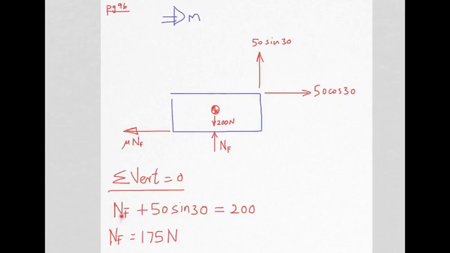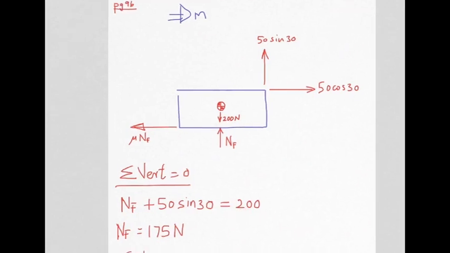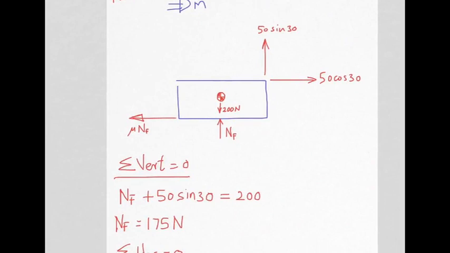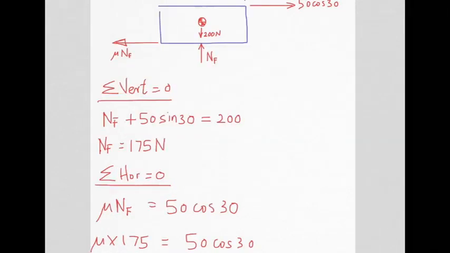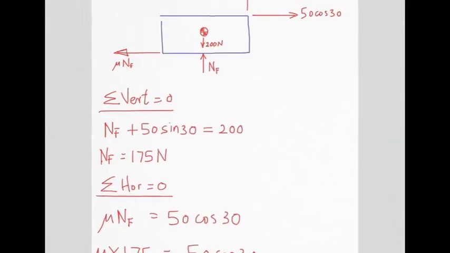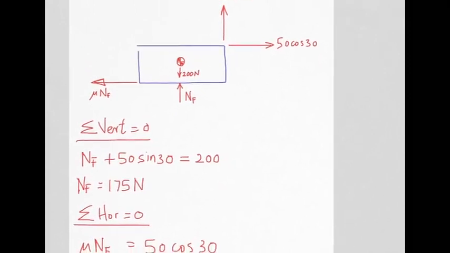Forces up, NF, as well as 50 sine 30, are the only forces experienced in an upward direction by the block, and therefore they must be equal to the only other force experienced by the block in a vertical direction, which is 200 down, and from that you can solve for NF at 175 newtons. Then we do the same for horizontal forces, and there are only two.